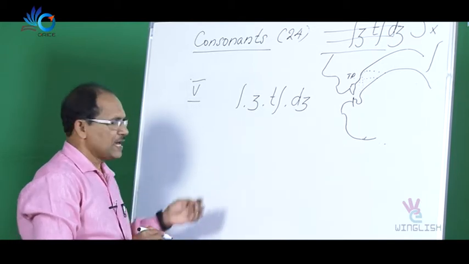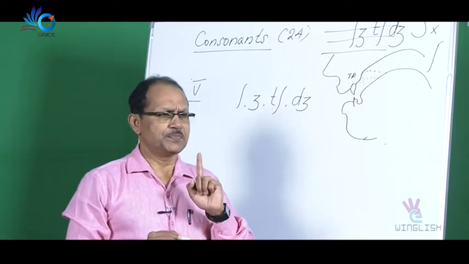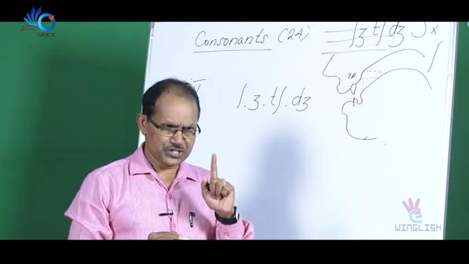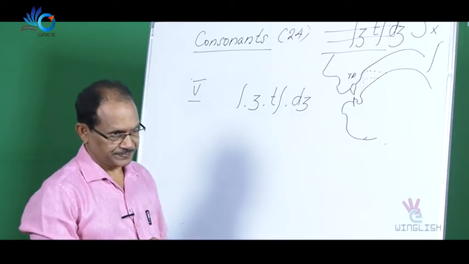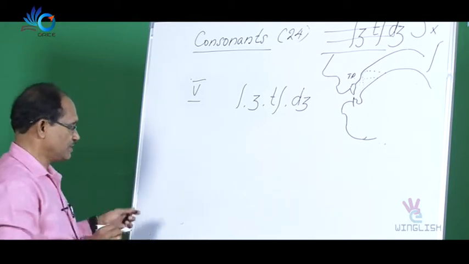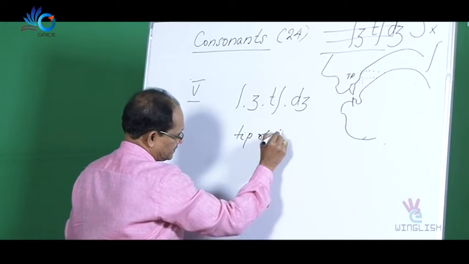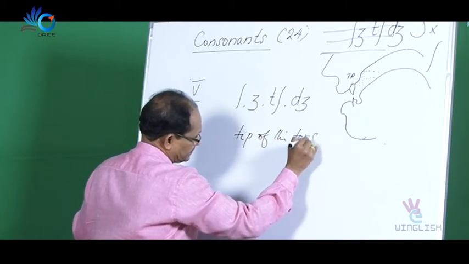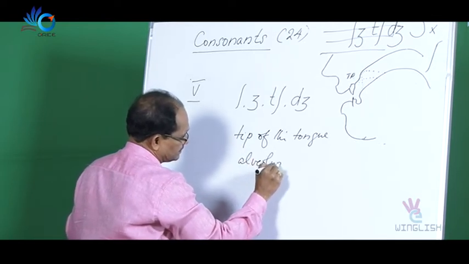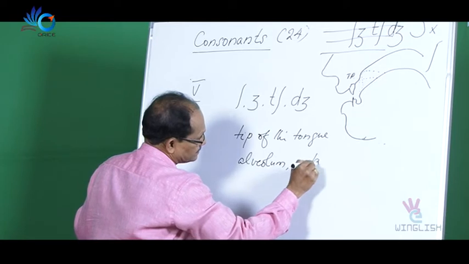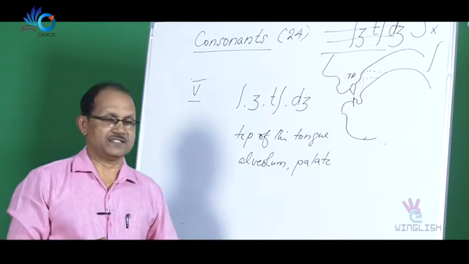Okay. Now, the articulators. Articulators are tip of the tongue, alveolum and palate. Tip of the tongue, alveolum and palate.